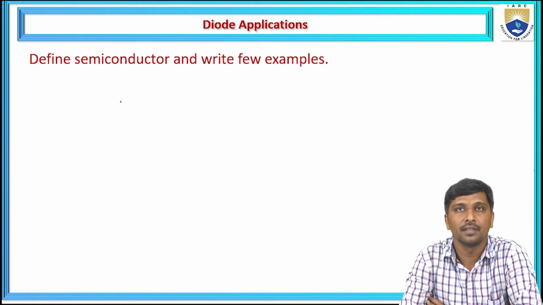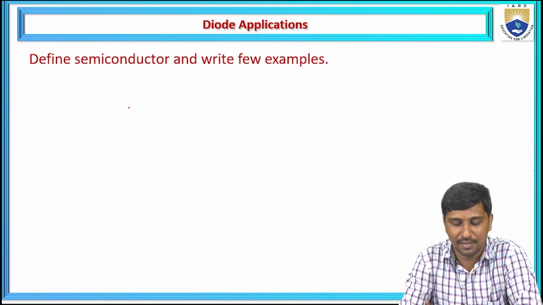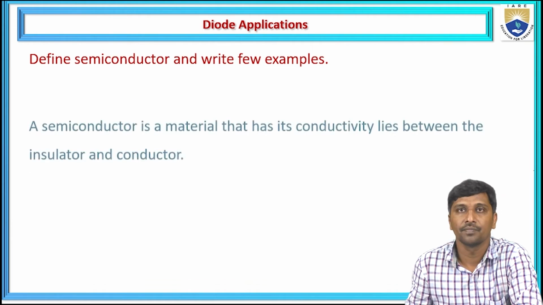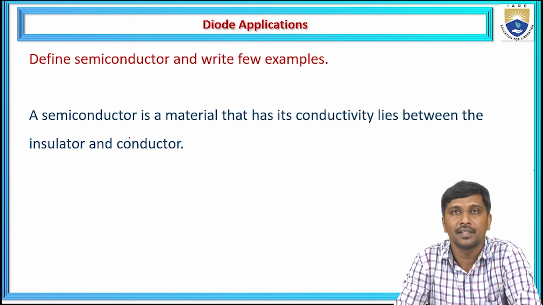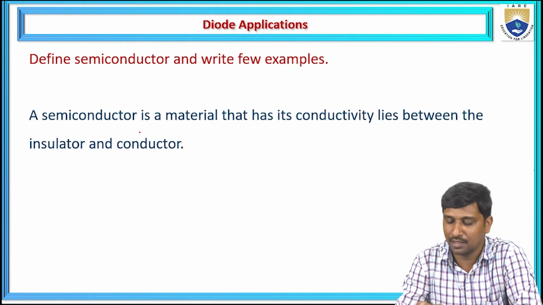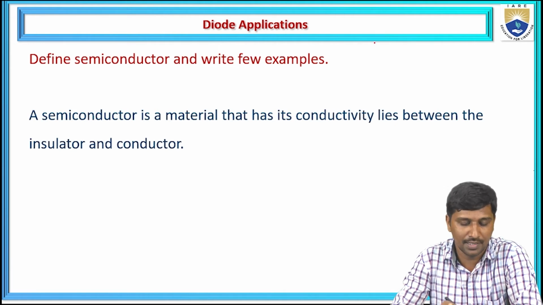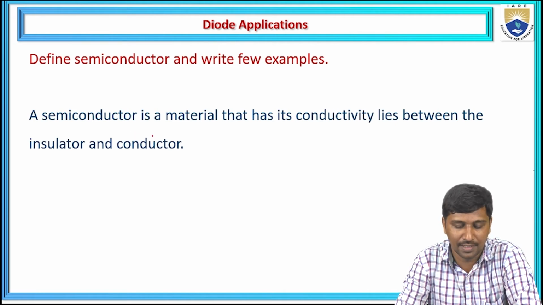Now, similar to that, define semiconductor and write a few examples. The semiconductor is in between conductor and insulator, and that is the reason it is called a semiconductor.